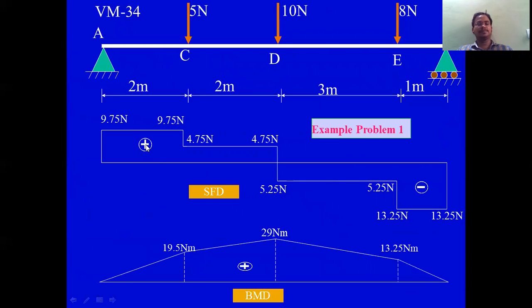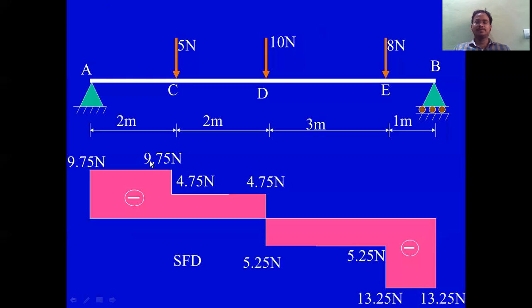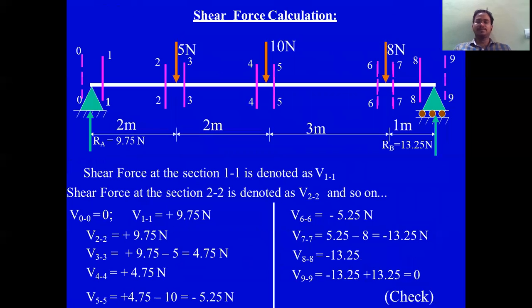See, here, coming to, first of all, we will see the sign convention for shear force. You should come only in one direction while doing calculations. So we got a minus sign in one direction.